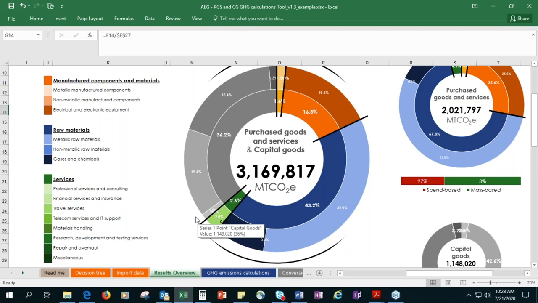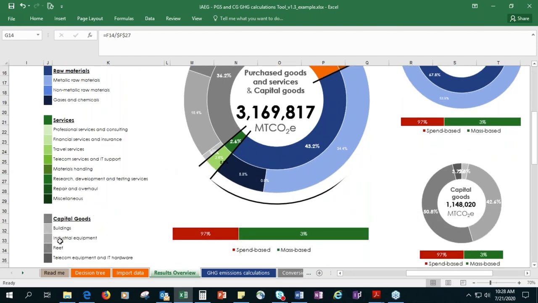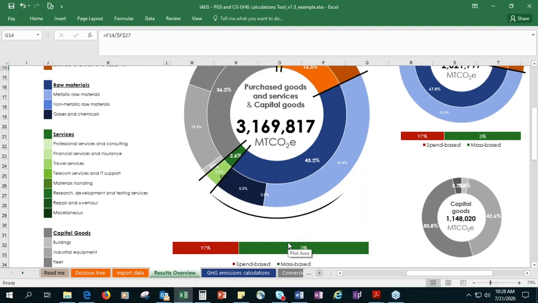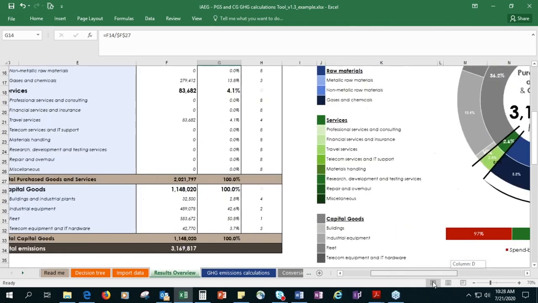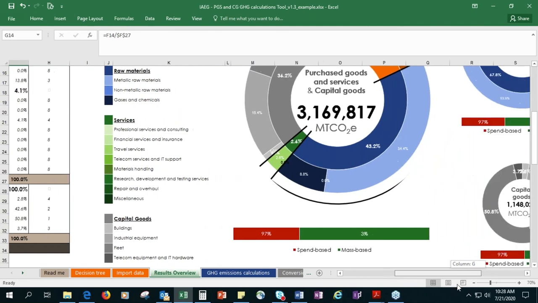Similarly, we saw that capital goods is roughly 1 million out of the 3 million total. So you can see that gray component representing capital goods. Another key piece here is you can look at the breakout here of spend versus mass-based. So this bar across the bottom just shows what percentage of input is spend-based versus mass-based, and that represents the number of inputs, I believe.